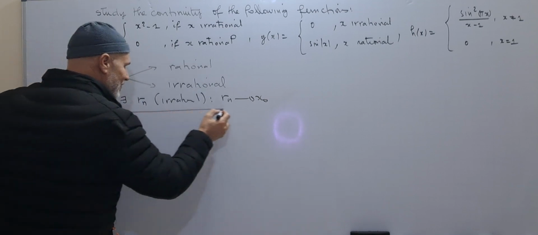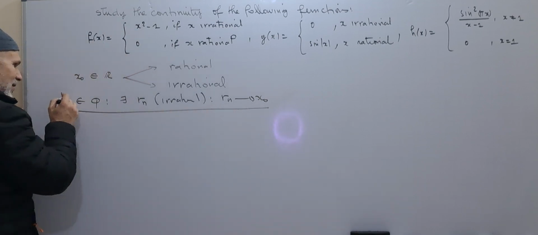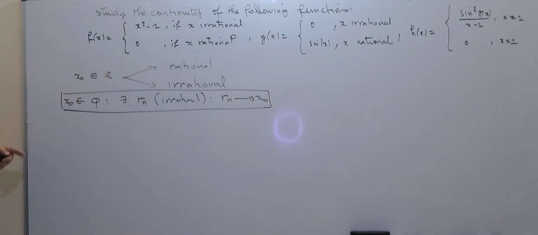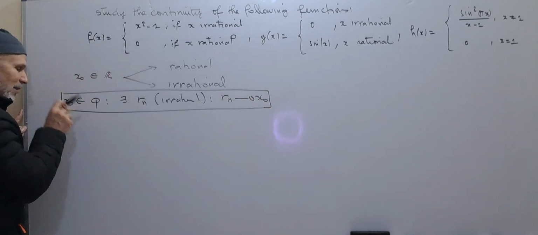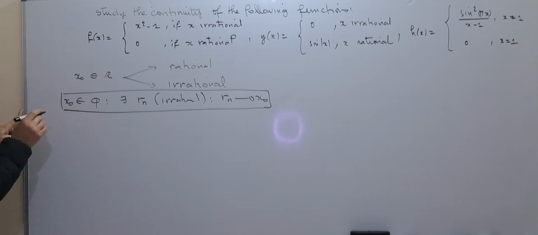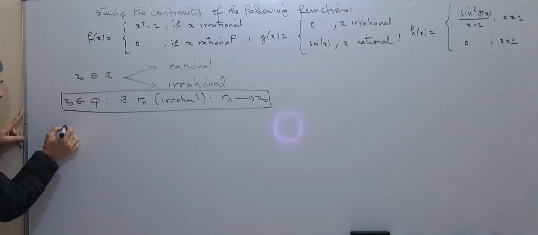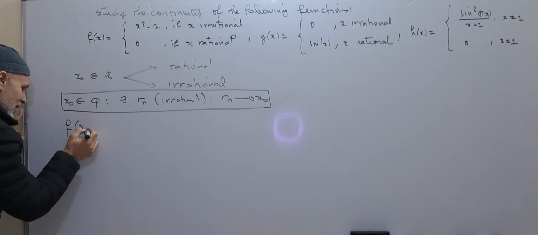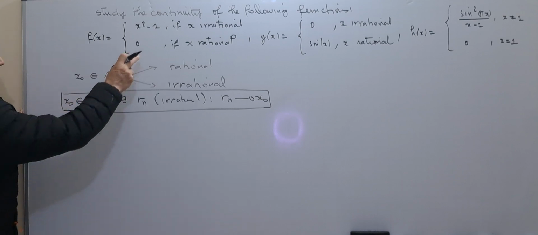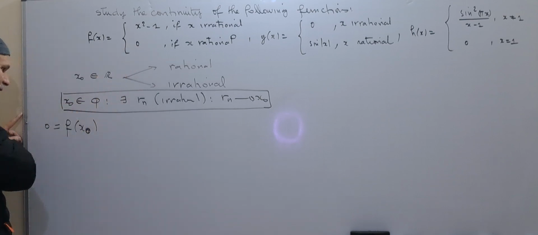In this case, we are discussing the continuity of f on the rational domain. From one side we have f of x0. This is equal to 0 by definition because it is a rational number.